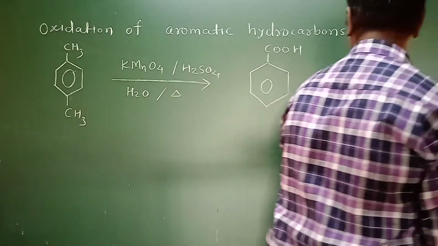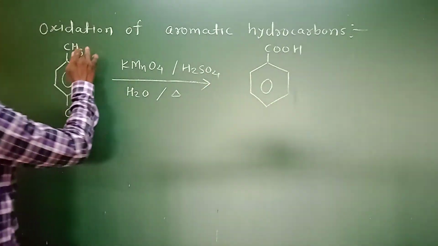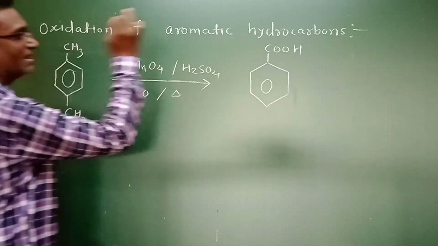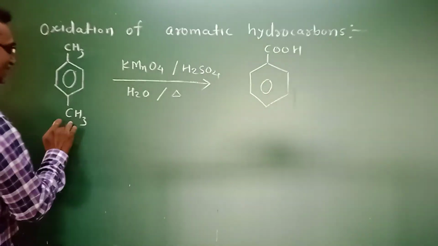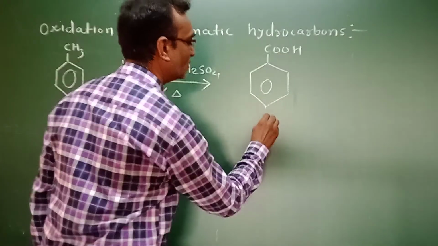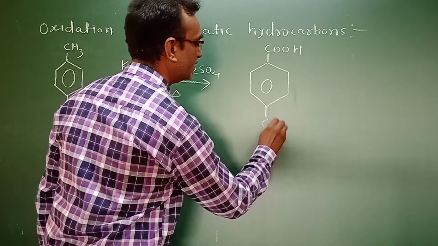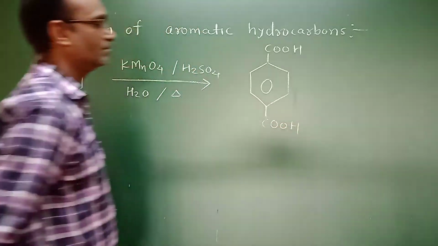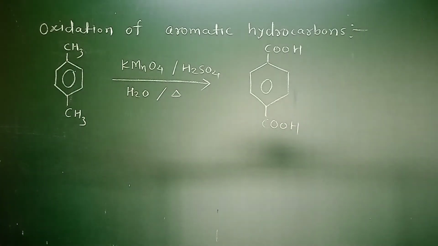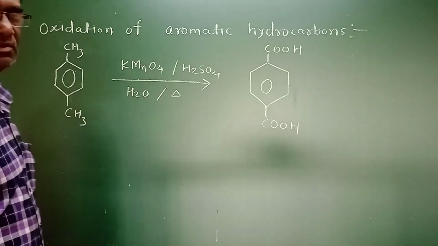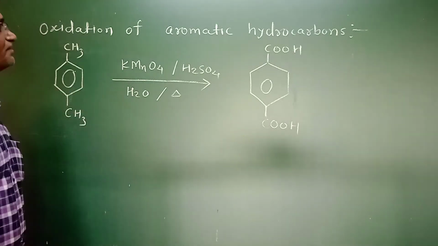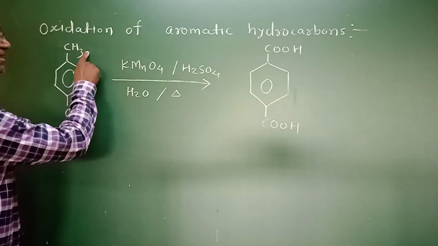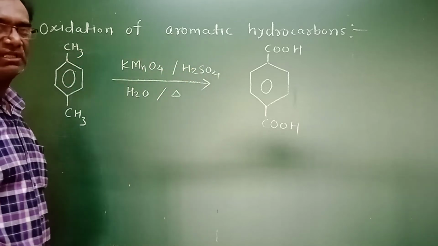In this case, as in the previous reaction CH3 gets converted into COOH, here the second CH3 group will also get converted into COOH. These are the two reactions you learned here today, in which CH3 group directly gets converted into COOH.